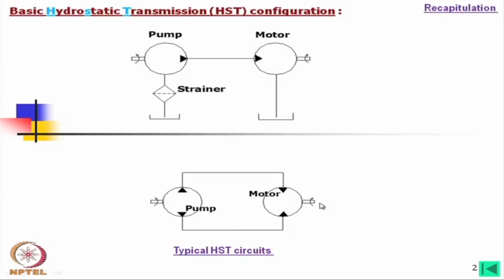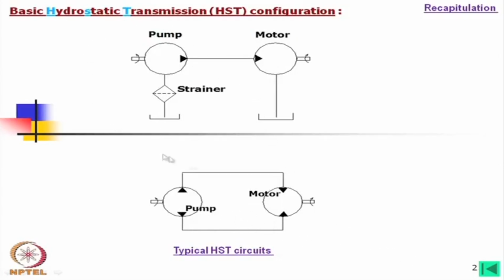That means it can be rotated in clockwise direction as well as anti-clockwise direction. It is not necessarily that the prime mover is rotating in both directions. The prime mover may be rotating in one direction only, and there is a mechanism in the pump by which we can change the direction of flow. That means it can be flowing out this way, or it can be flowing out from the other side. So, this is called closed circuit.